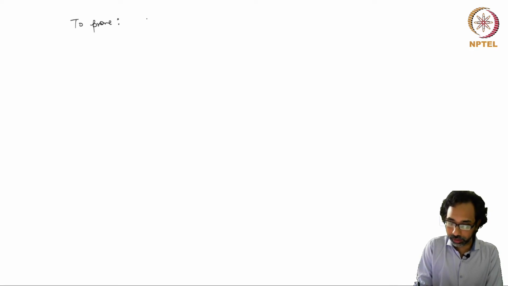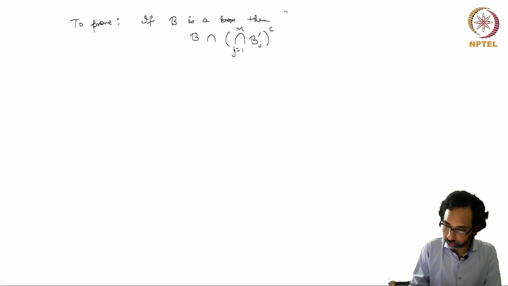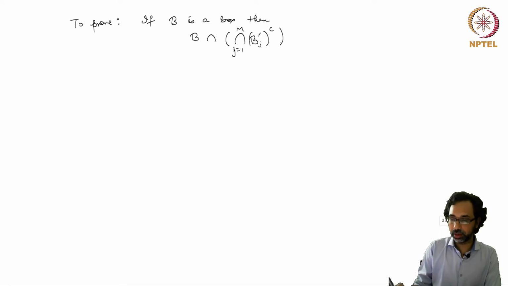So let us try to do that. To prove that if B is a box, then B intersection the intersection over j equal to 1 to m of Bj prime complement, this is a complement here, is elementary.